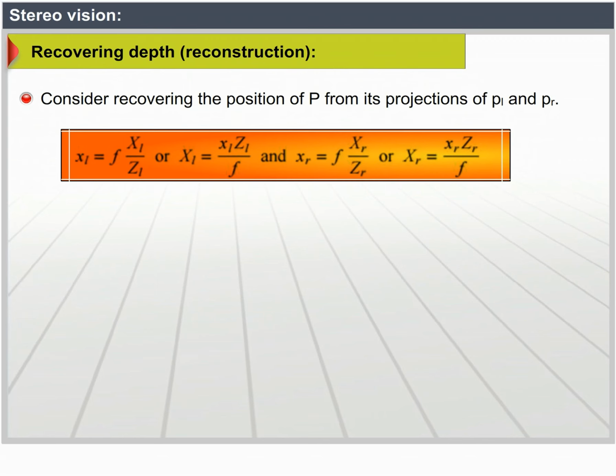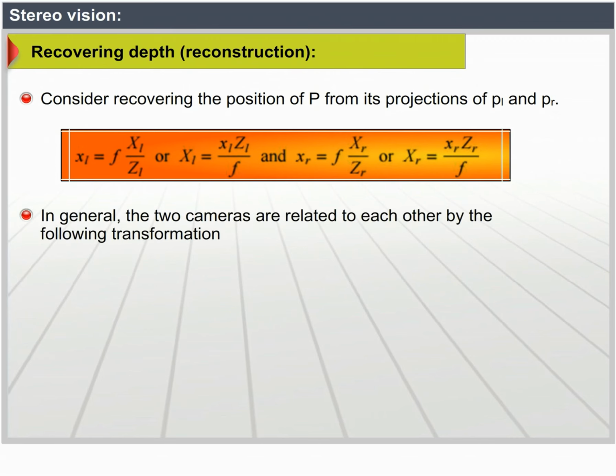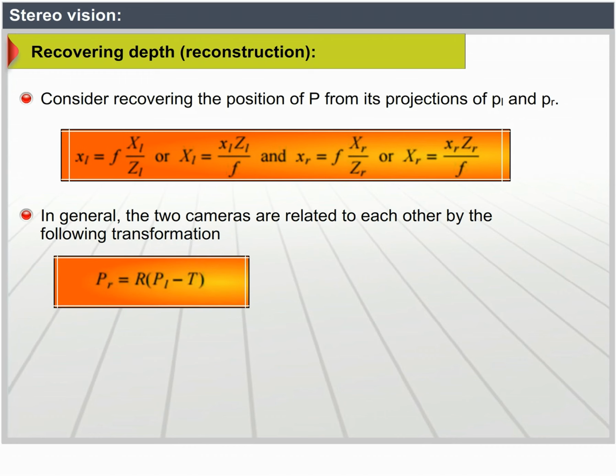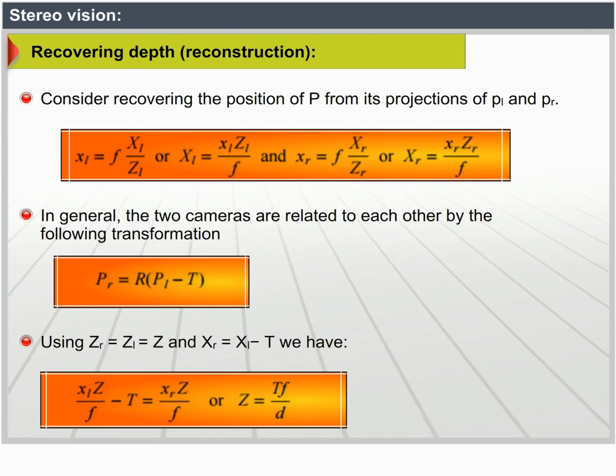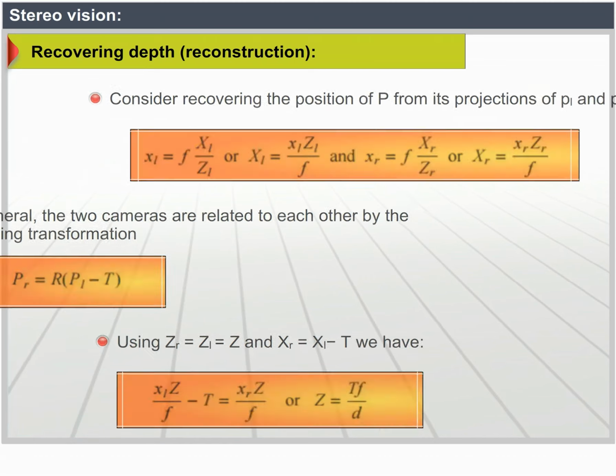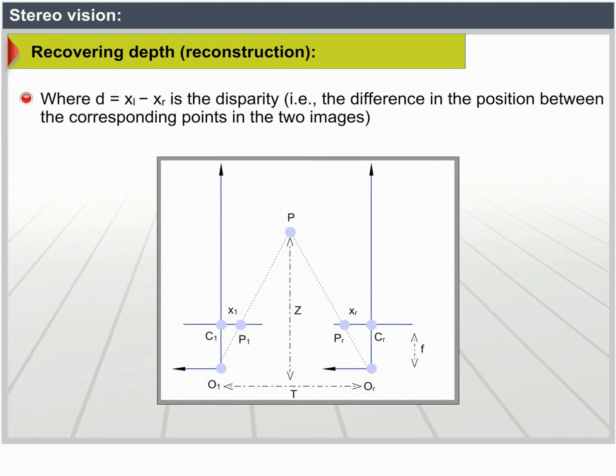In general, the two cameras are related by the following transformation: PR equals R into (PL minus T). Using ZR equals ZL equals Z and XR equals XL minus T, we have XL Z by f minus T equals XR Z by f, or Z equals T f by d, where d equals XL minus XR is the disparity, that is, the difference in the position between the corresponding points in the two images.